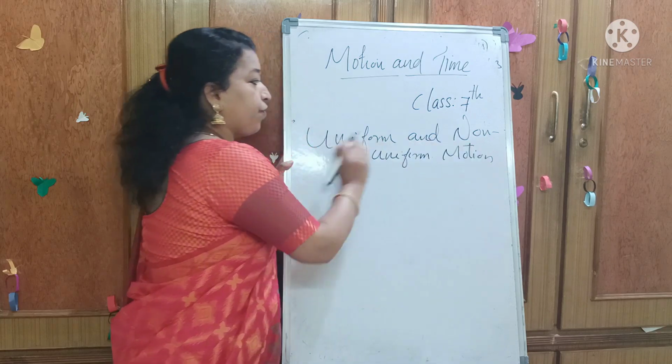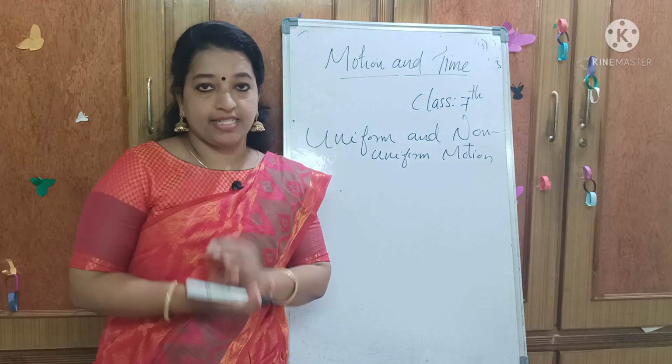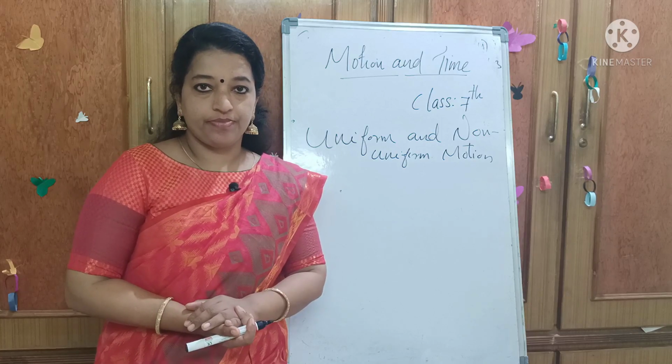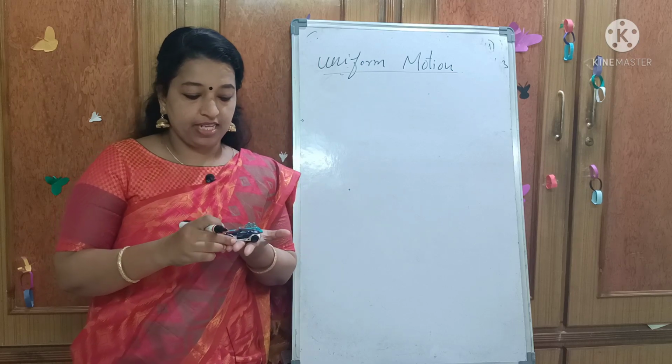Before the definition of uniform and non-uniform motion, let's go through one example, right? So we have two cars here. Can you see? Yes.